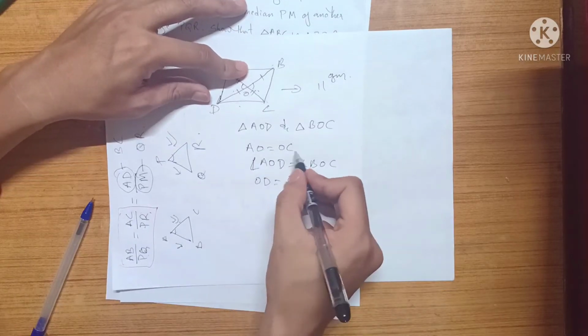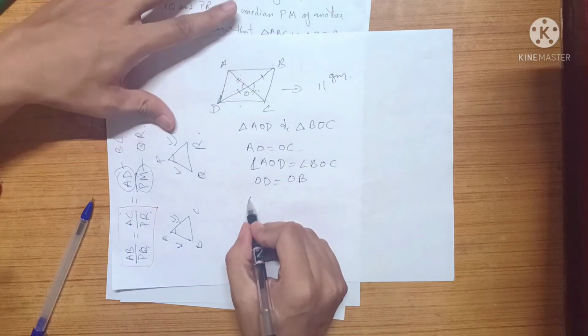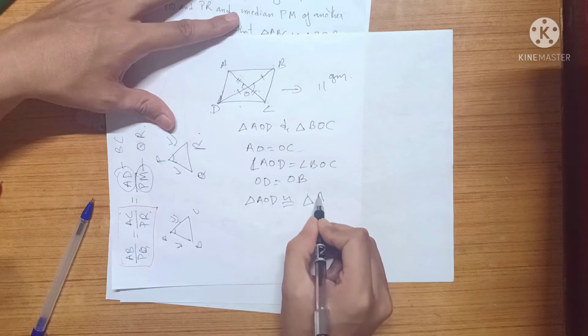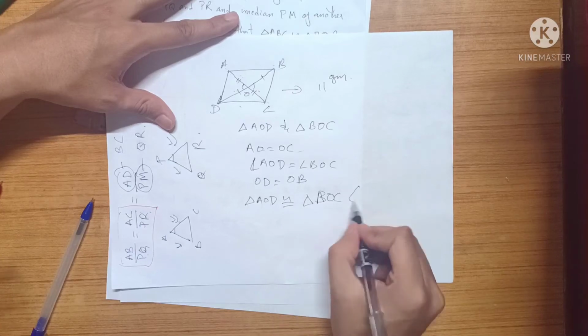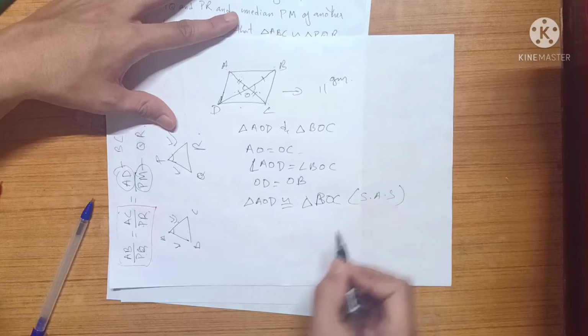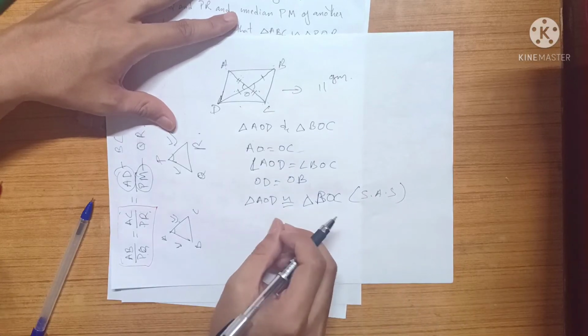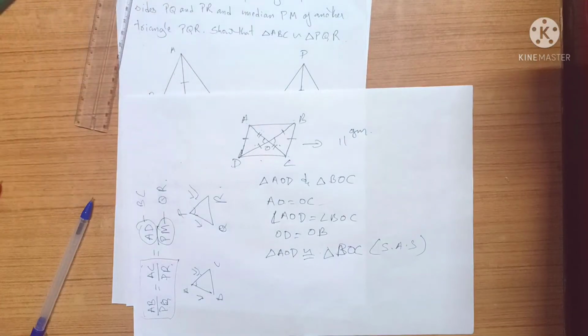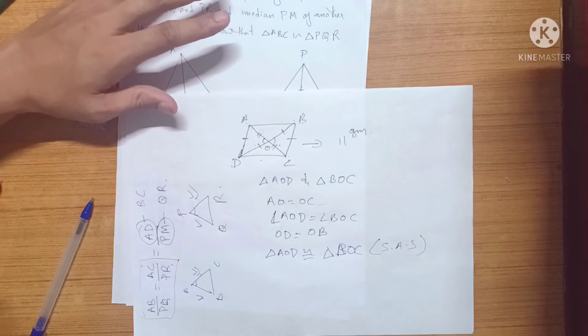So by side angle side, we can say triangle AOD is congruent to triangle BOC. Congruent means exactly the same, a replica, which means this and this will be equal by CPCT, corresponding parts of congruent triangles.